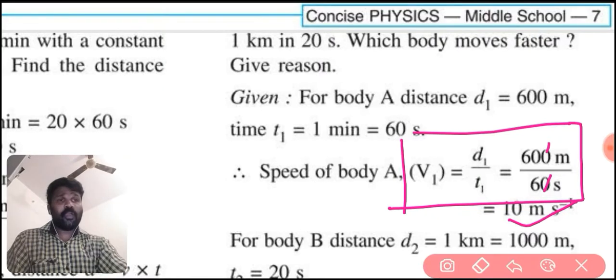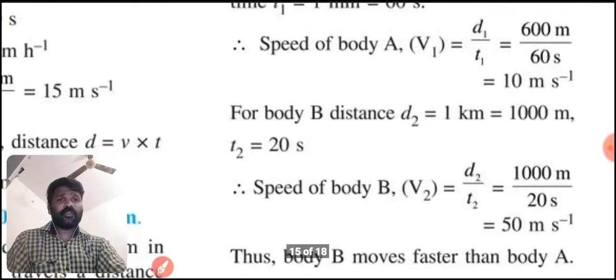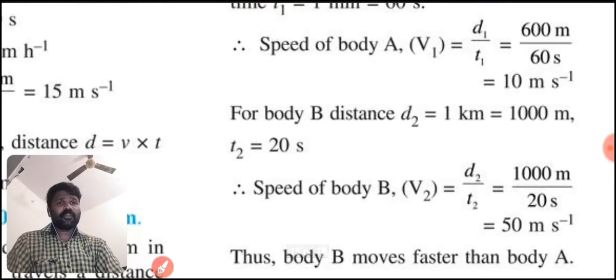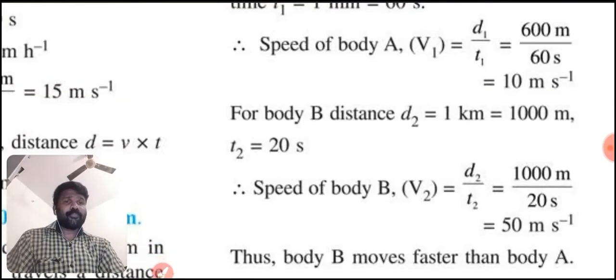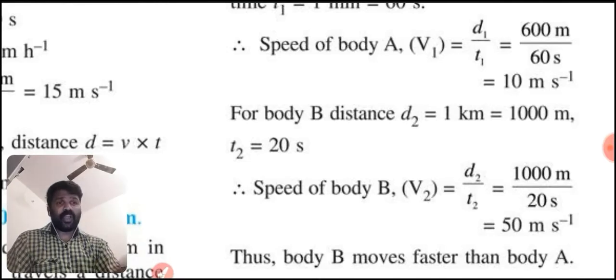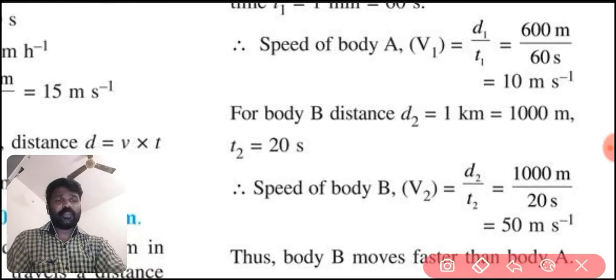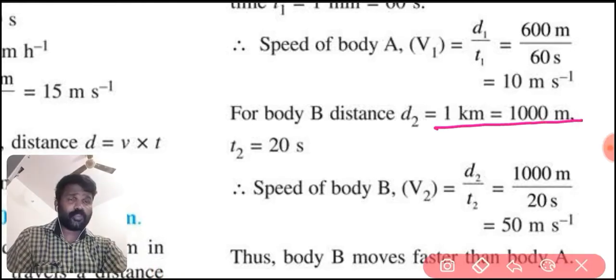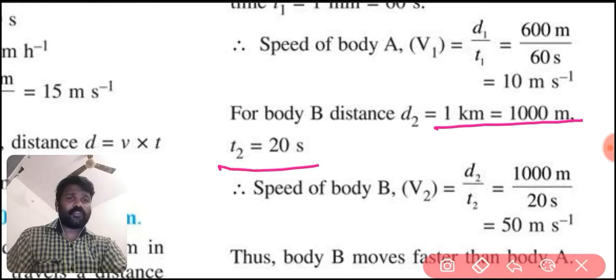Okay. Now we are going to find out for body B. The distance d2 is equal to 1 kilometer. That means 1 kilometer is 1000 meter. t2, the time, is 20 seconds.